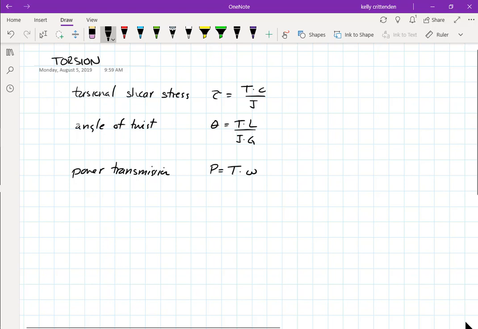Well, we had J, the polar moment of inertia, and we had an equation for that. And this was only for circles, shafts that had circular cross sections.